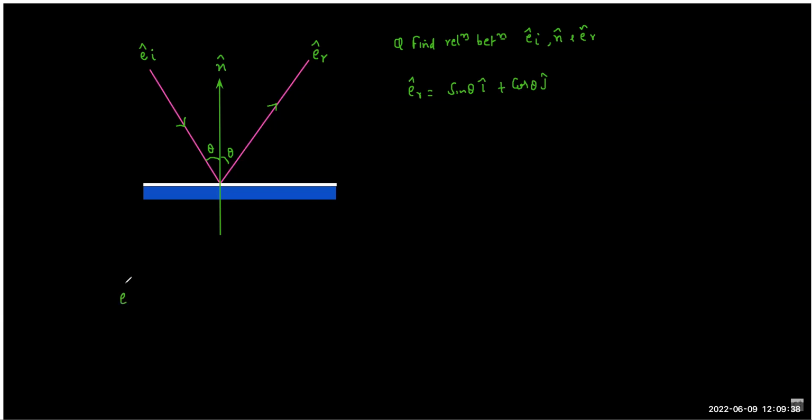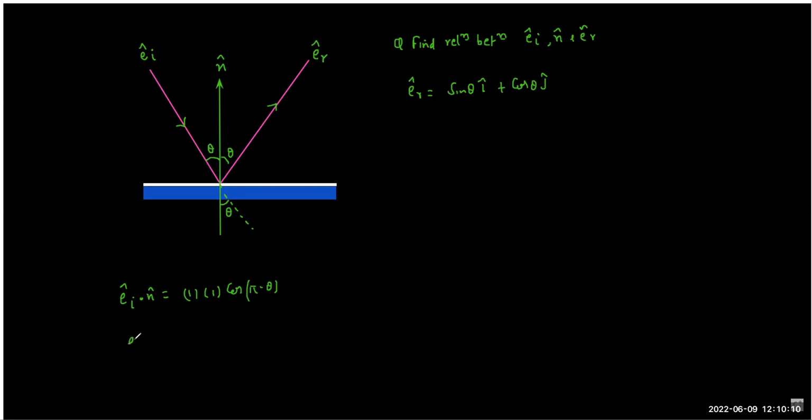If you look carefully, EI dot n cap is basically 1 into cos of the angle between them, which is pi minus theta, right? If you extend the EI direction, you can get the angle. EI direction is downward, N is upward, and the angle between them is pi minus theta.